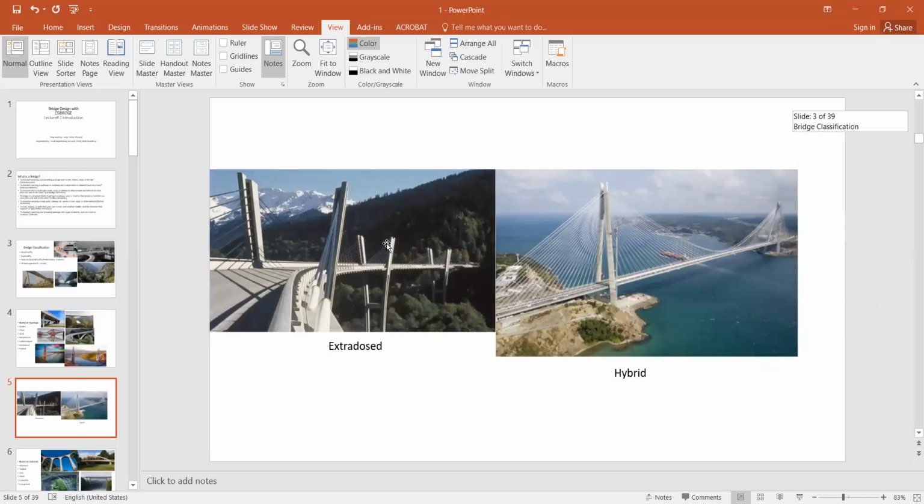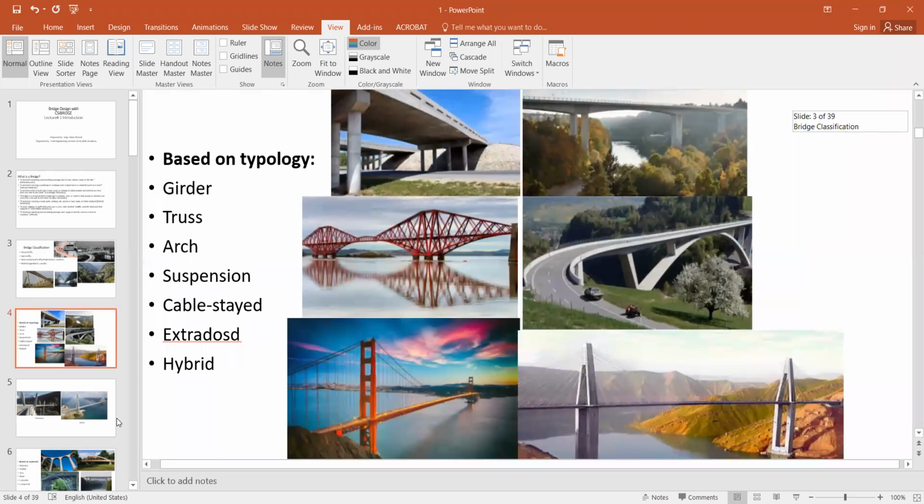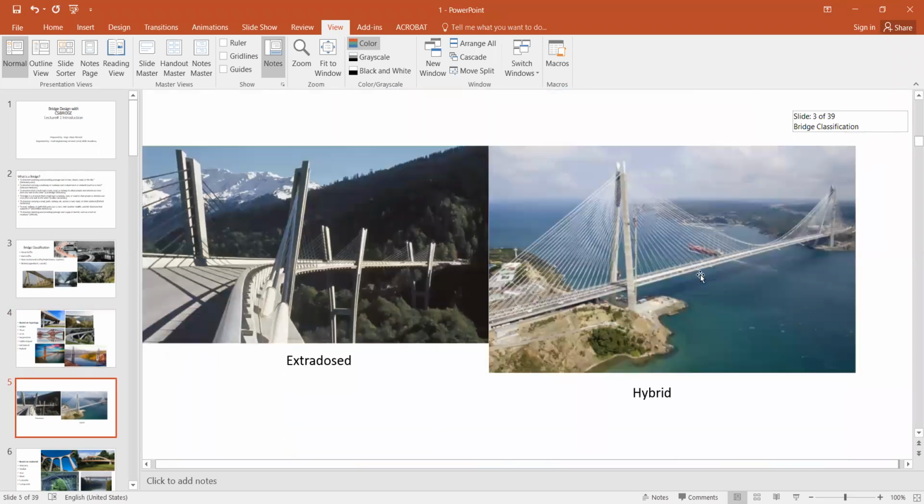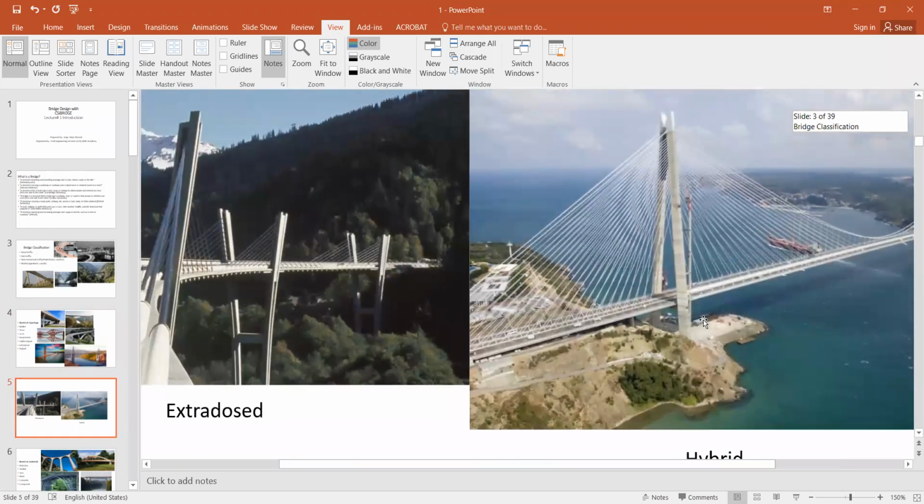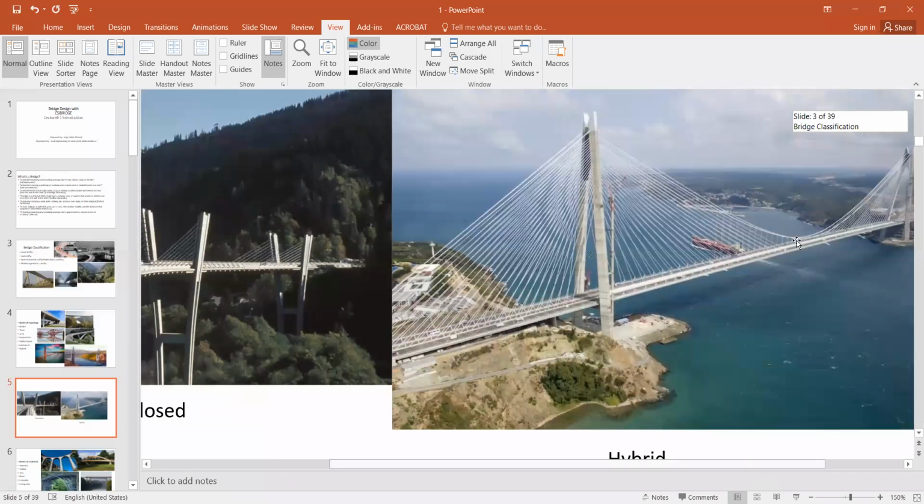These look like typical cable stayed bridges, but they are not cable stayed bridges. They are of another class. And we can also have hybrid bridges in which we can use a combination of suspension and cable stayed. As you can see in this picture, this is a hybrid bridge.